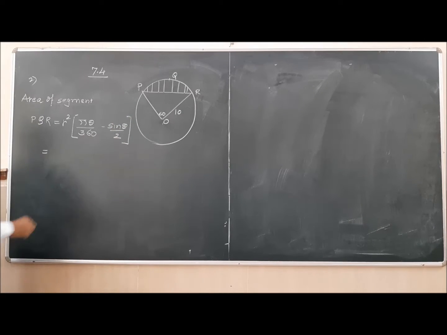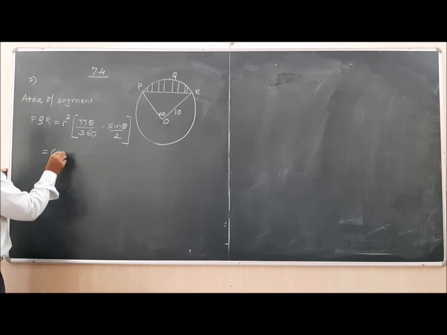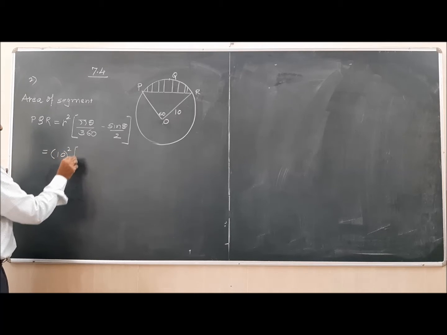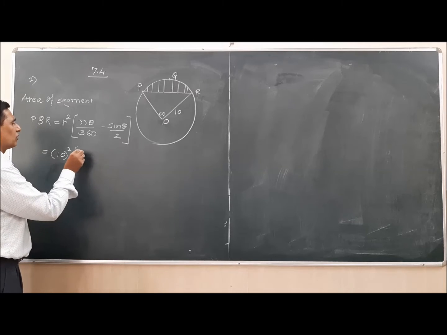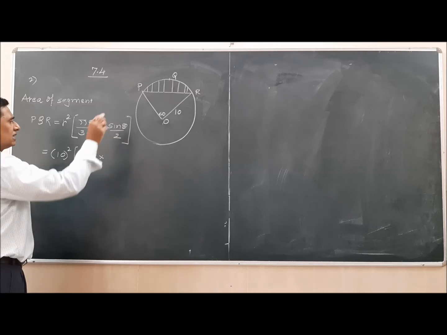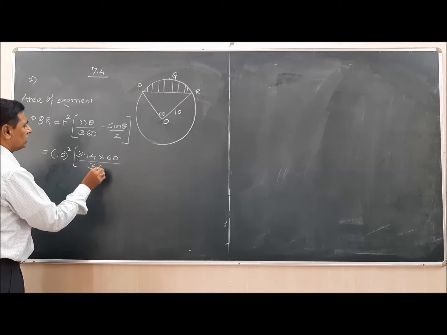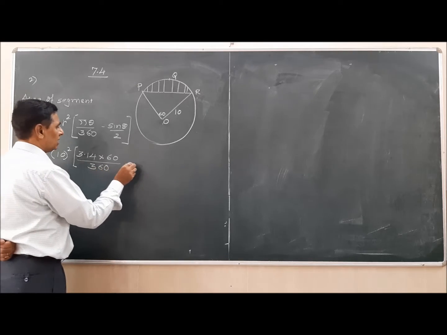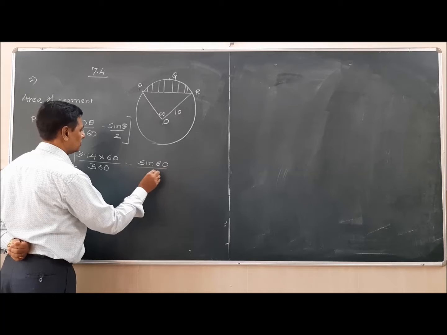That is equal. R stands for radius, and in this case radius is given as 10. So you will find here 10 square. Value of pi in all these cases you have to take it as 3.14 into theta. Theta is 60 upon 360 minus sin 60 upon 2.